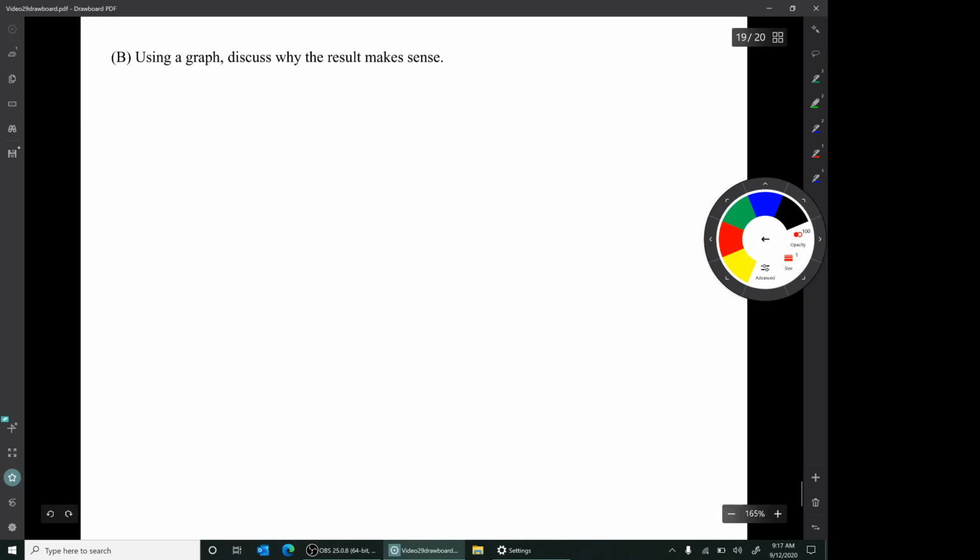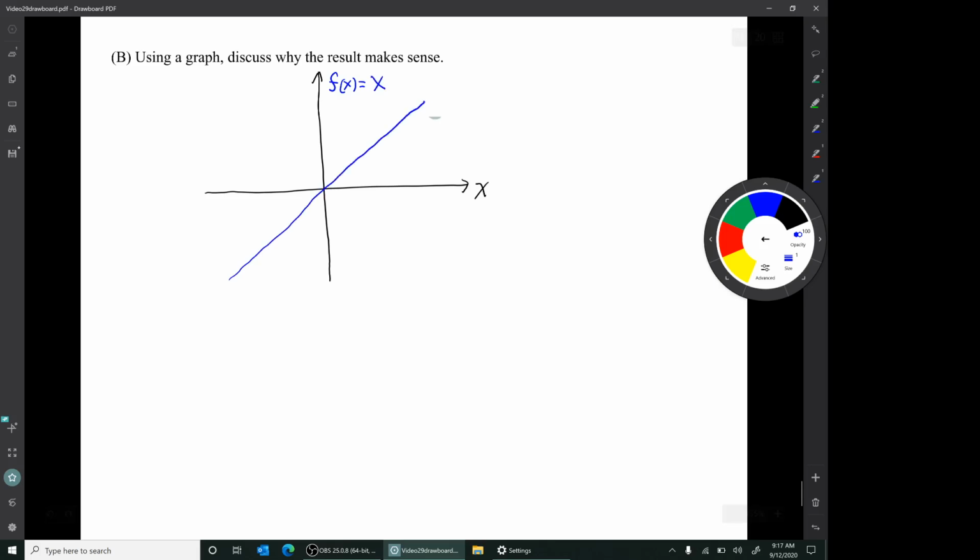Well, let's make a graph of our function f of x. The graph of f of x equals x is just a straight line, which has equation y equals x. Now think about the tangent lines on this graph. All of these tangent lines have slope m equals 1.